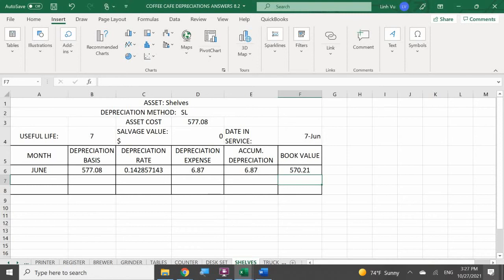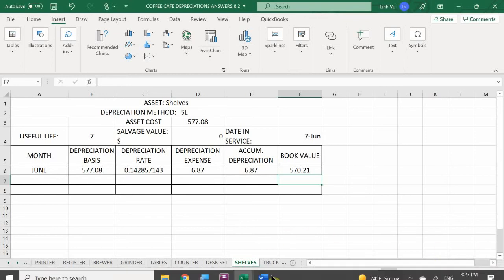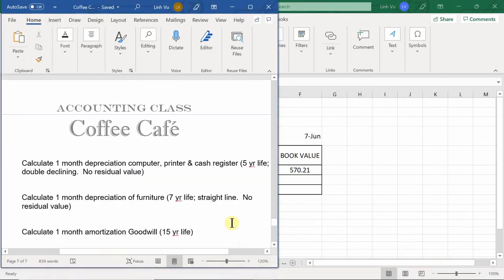All right, that's all. That's the depreciation. Okay, so let's see what happens next.